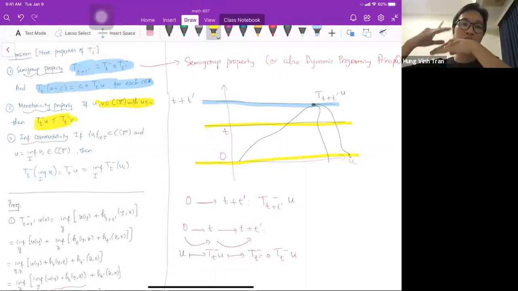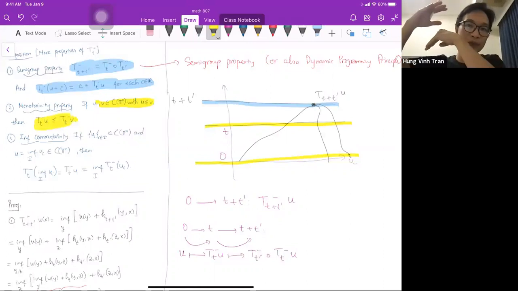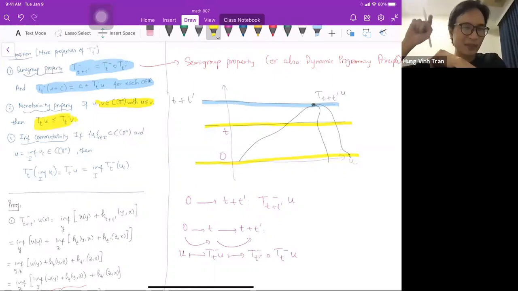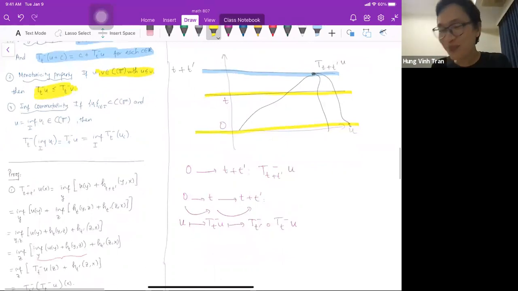You go with u less than v, then when the semi-group goes ahead, T_t u is still less than or equal to T_t v. I'm omitting the minus here because it's too much to say, okay. And finally, this is remarkable, but it's also not very surprising.